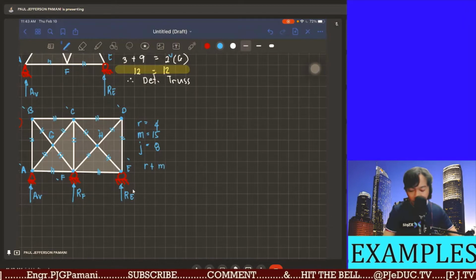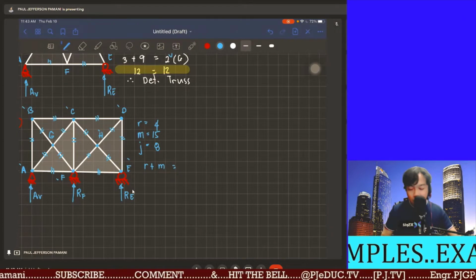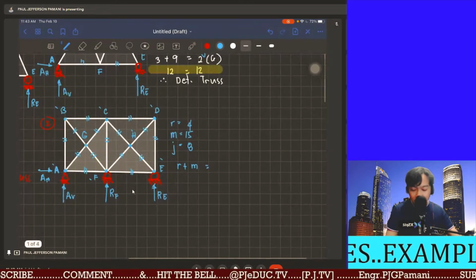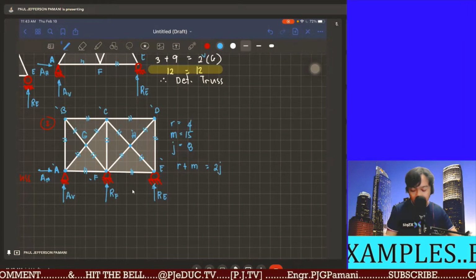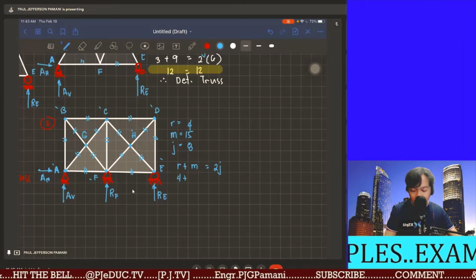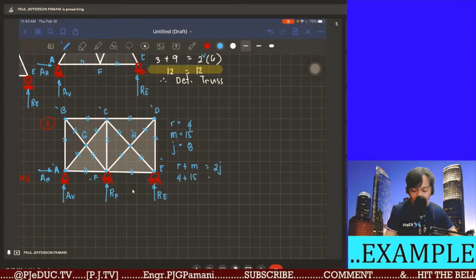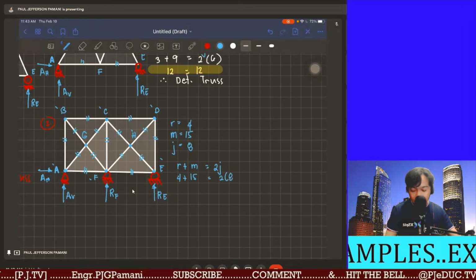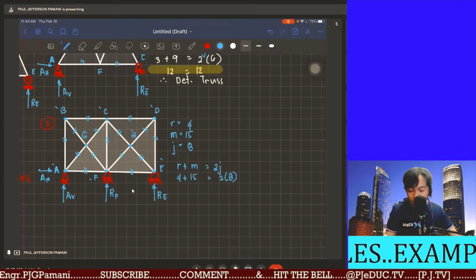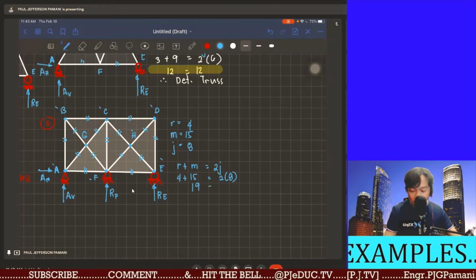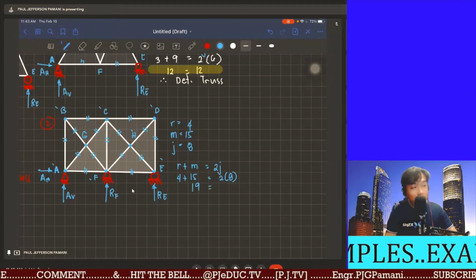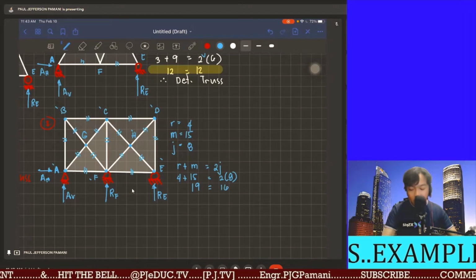Using our formula again in determining the degree of determinacy of a given truss, that is R plus M equal to 2J. Number of reactions plus the number of members equal now to 2 times the number of joints. So 4 plus 15 is 19. 2 times 8 is 16.